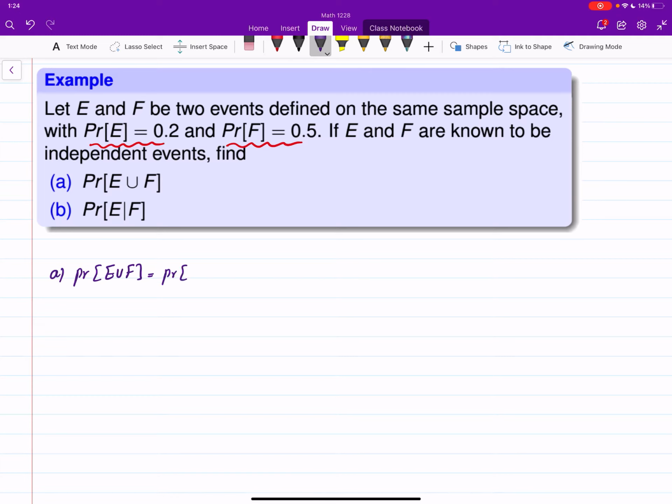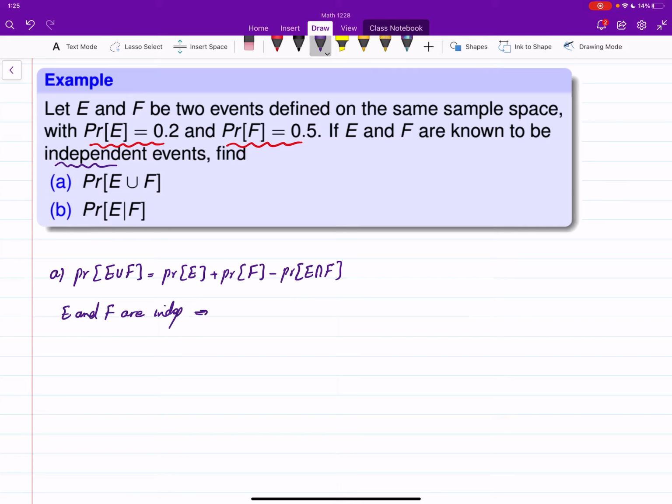You cannot just find it by knowing the probability of E and F, because the formula which gives you the union also includes minus E intersect F. In general, if someone gives you the probability of E and F, there's no way you can find the probability of the union. But in this case, E and F are independent.